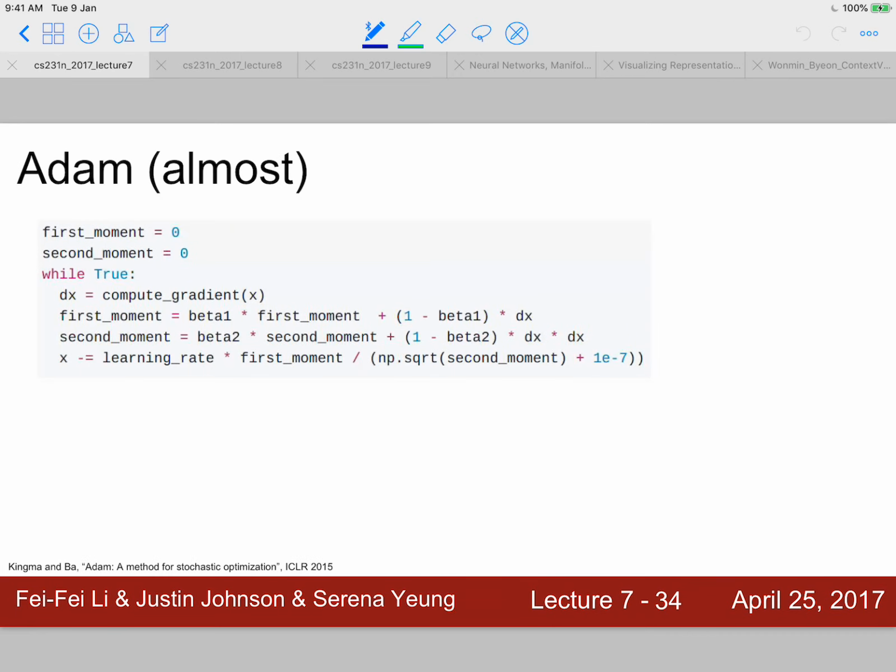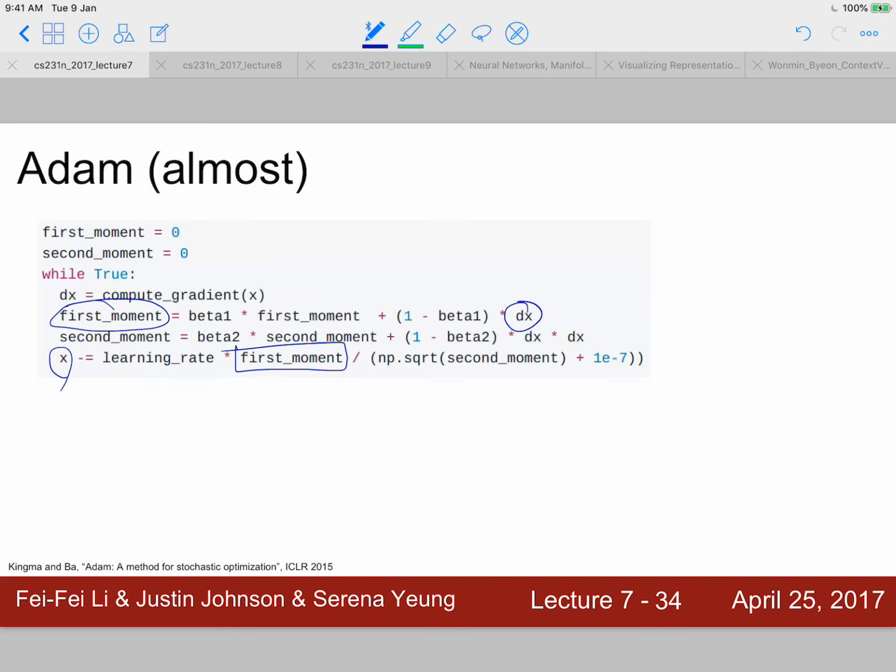Okay, Adam is the combination of RMSProp and momentum, right? Instead of just using the gradient itself, we compute this momentum, which works as the gradient vector when updating x, right?